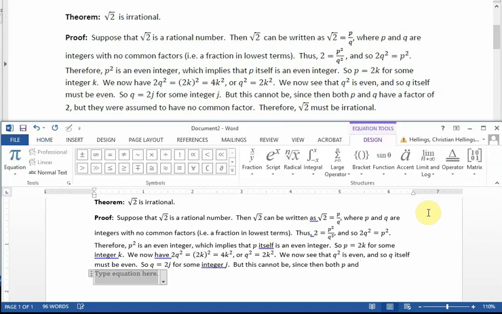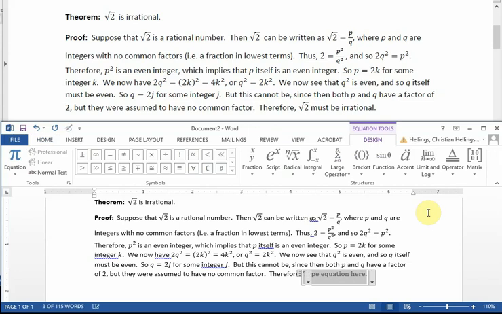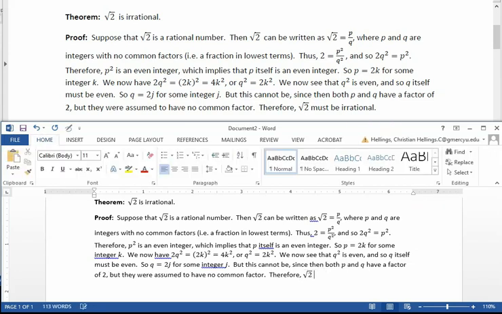And again, just to reiterate, a nice thing is even when you're just typing a single variable, if it's a math symbol, it's good to put that in the equation editor and have it come out in italics. And we're done.